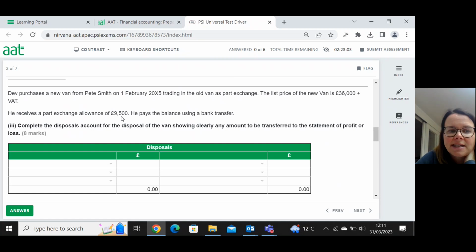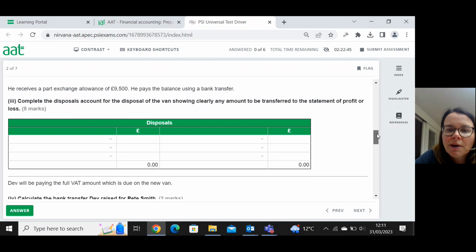So Dev is handing in his old van, getting 9,500 for that, but the list price of the new van is 36,000 plus VAT. Right, complete the disposals account for the disposal of the van, showing clearly any amount to be transferred to the SPL.